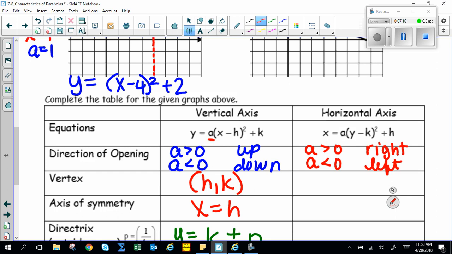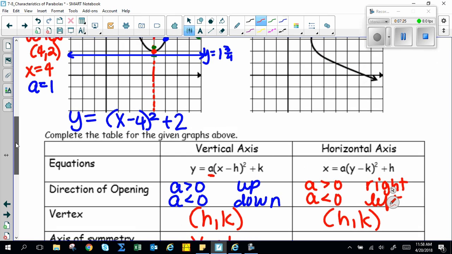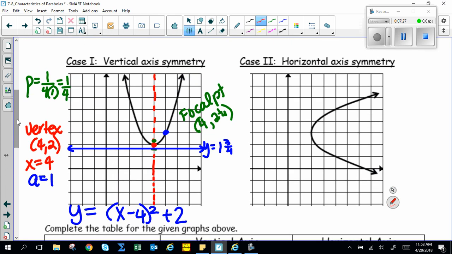The vertex, though, is still going to be h, k. I'm still going to find the coordinate. For our sideways parabola here, the coordinate is 2, 3. That's our h, k.